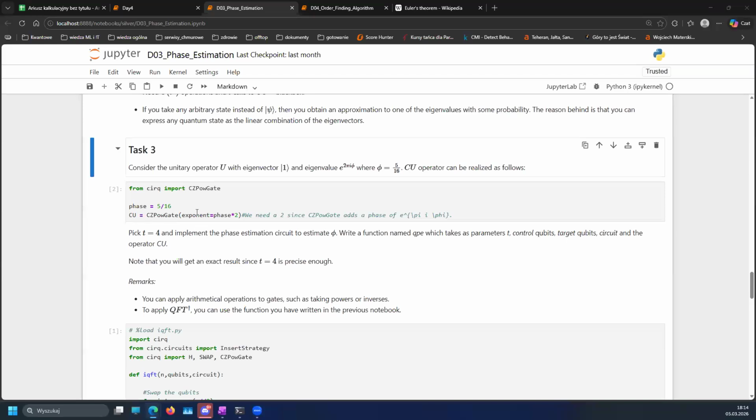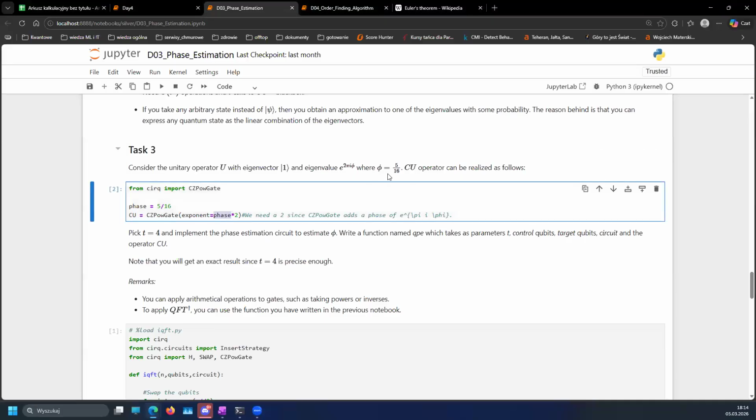So here we use this controlled z power gate, where we put in the exponent 2 times phi, yes? So this is because we have phase equal to p, so 5 divided by 16, and times 2 because here we have 2. So this is given to us, yes?